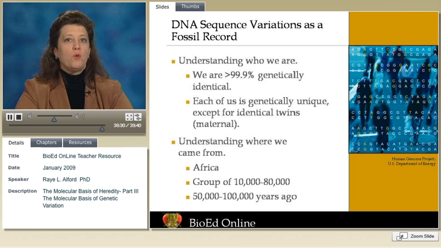Human genetic polymorphisms have been used recently to trace the history of our species. What has been learned is that humans evolved in Africa about 100,000 years ago. Although the dates are only broad estimations based on calculated mutation rates, we now know that we all are descended from a small group of perhaps 10,000 to 80,000 individuals.